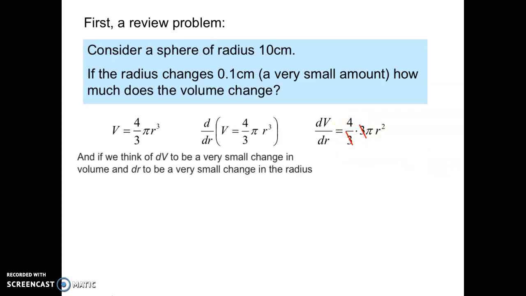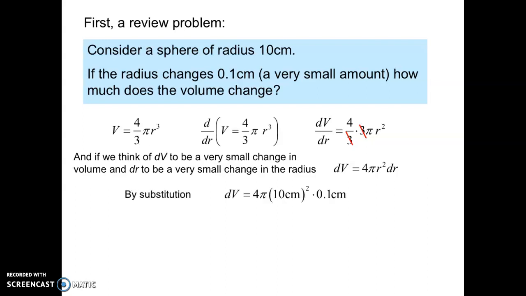So we get dv dr is equal to 4 pi r squared. Now, if we think of dv as a very small change in the volume and dr as a very small change in the radius, we can use differentials and say that dv equals 4 pi r squared dr.